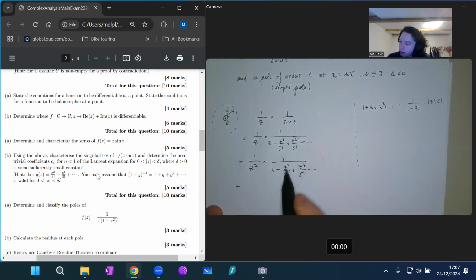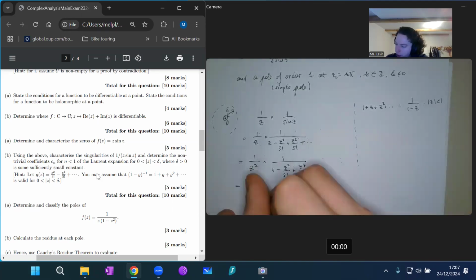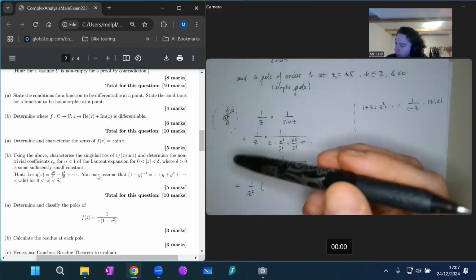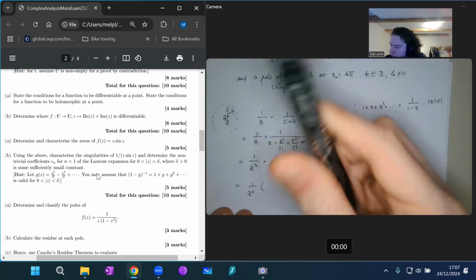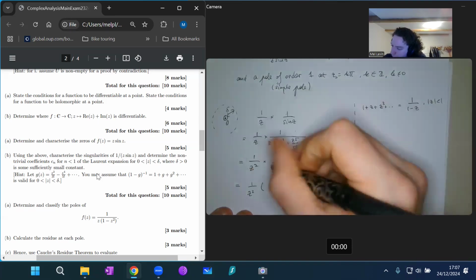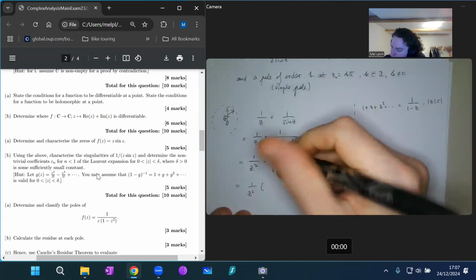So now this is what they call g of z in their hint, right? So we'll use this geometric series up there applied to, well, if we put brackets around here, we need to flip the signs.